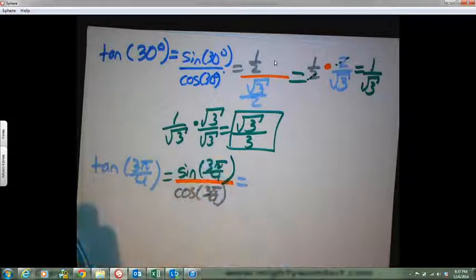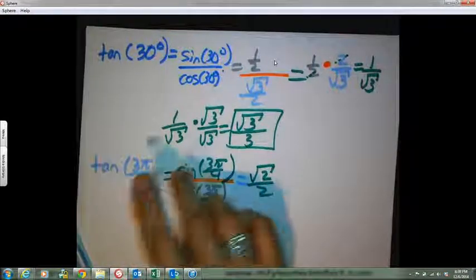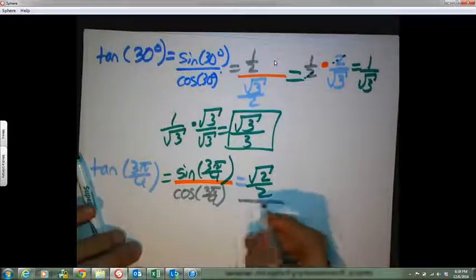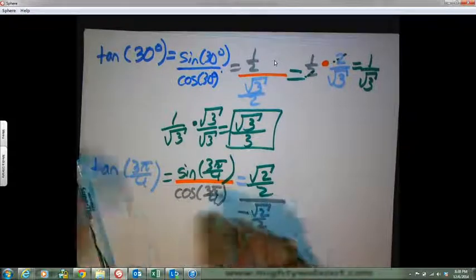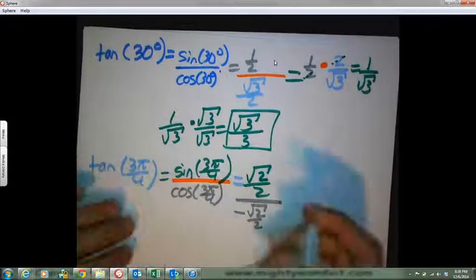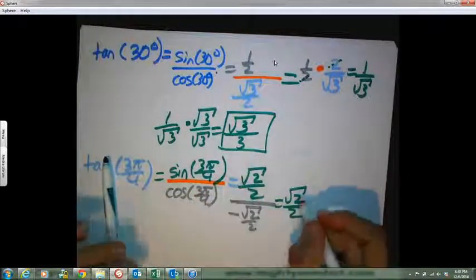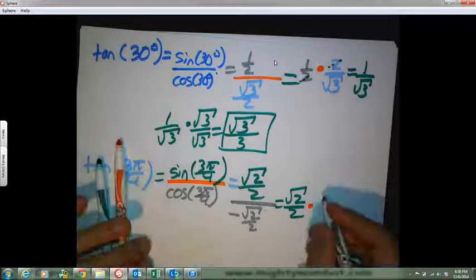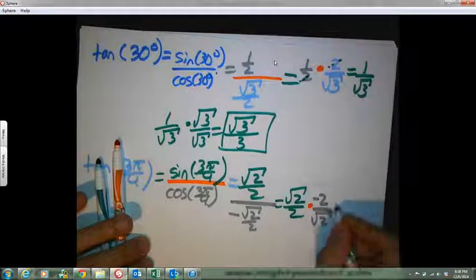And now you are going to keep, change, flip, and this equals, 2's go away, root 2's go away, negative 1. Tangent of 3 pi over 4 is negative 1. Let me do a couple more examples.